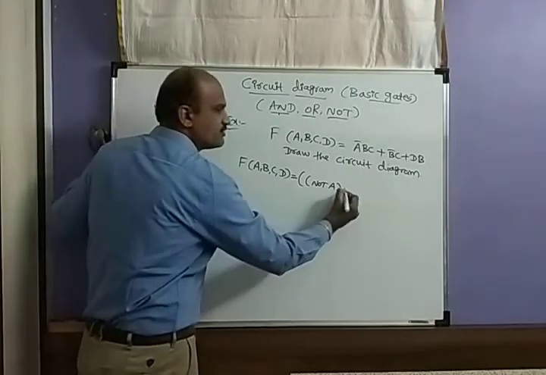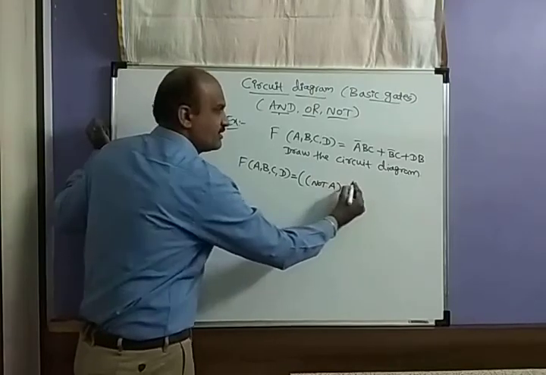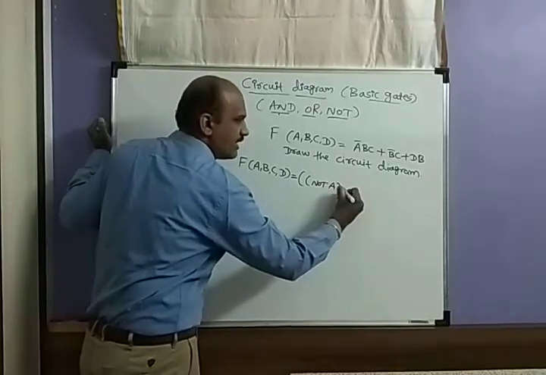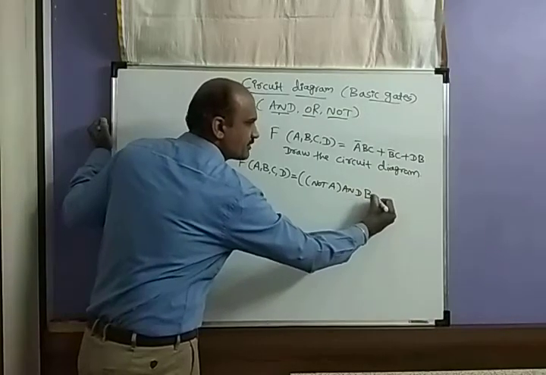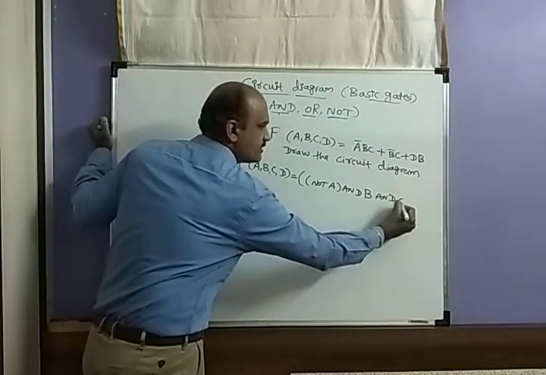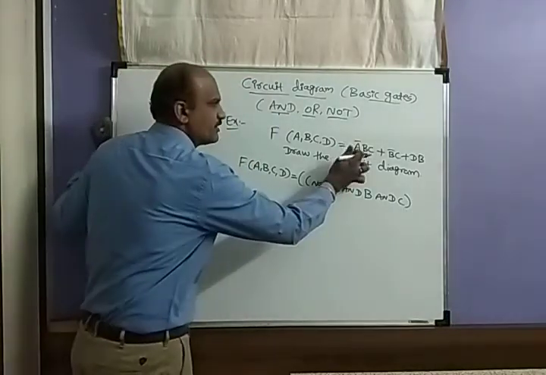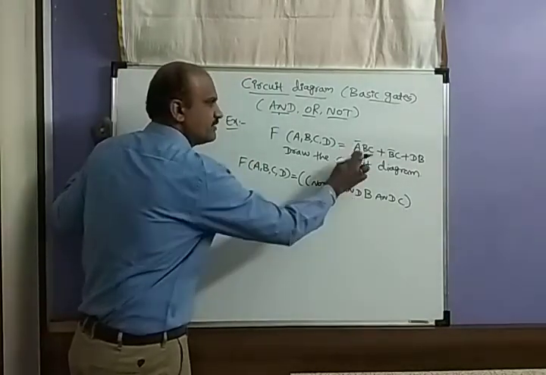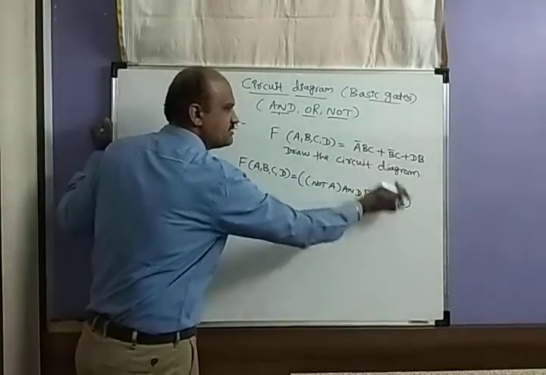Again you should write A bar, and in between, and then B and C. Understood? So A bar means not A, in between into, and B, and again C.